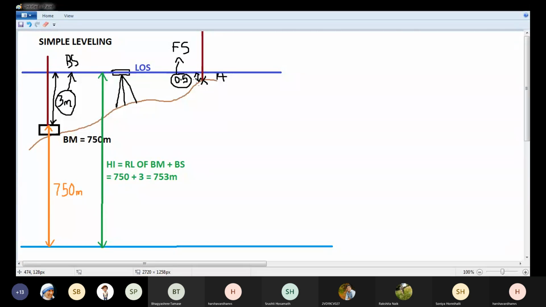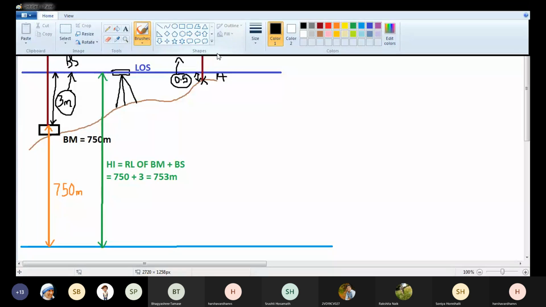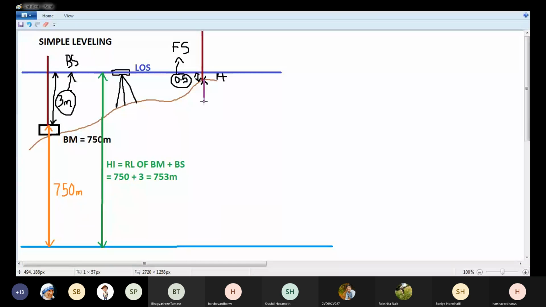Okay, so I'll take foresight on point A. I want to measure the vertical distance of point A from the datum, that is, the elevation of point A from the datum.